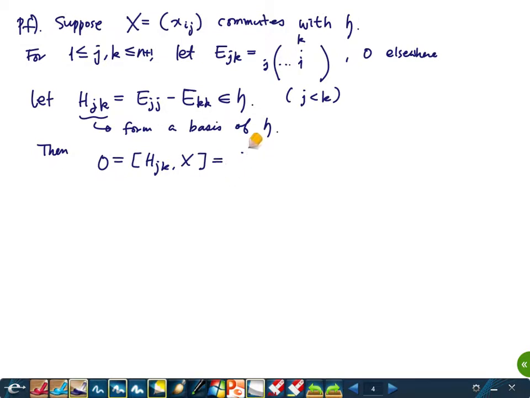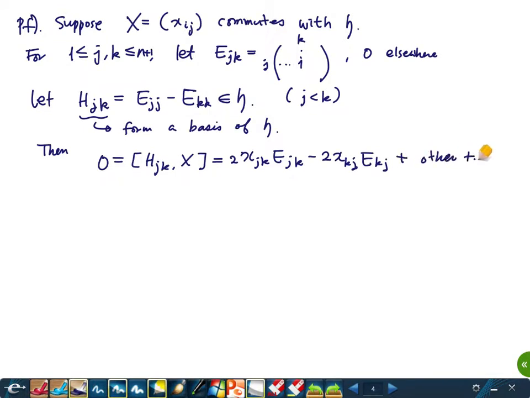In fact, let me just write down the formula: 2 times X_jk E_jk minus 2 times X_kj E_kj plus other terms.